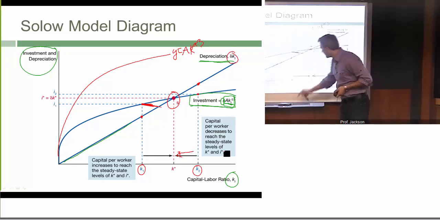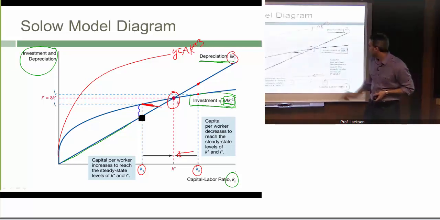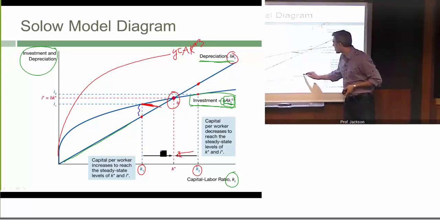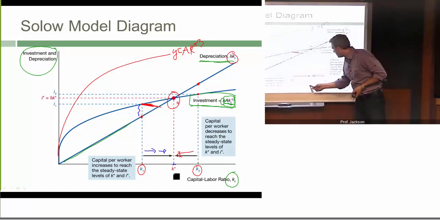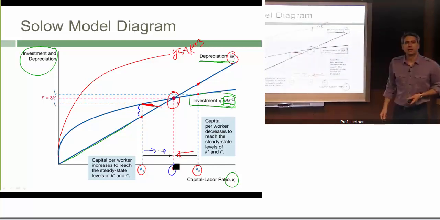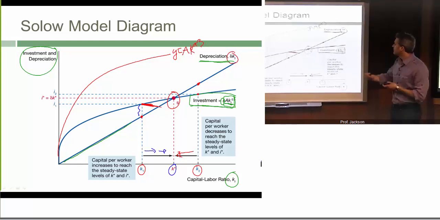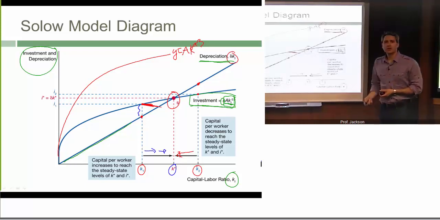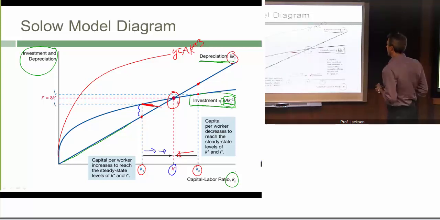And so as long as that gap persists between investment being greater than depreciation, you're going to grow the capital stock over time. And so that would suggest that capital is going to grow over time until we get to the steady state. Once we get to the steady state, there's going to be no incentive or any sort of way in which the economy is going to move away from that unless something fundamental changes with savings rates or something like that.